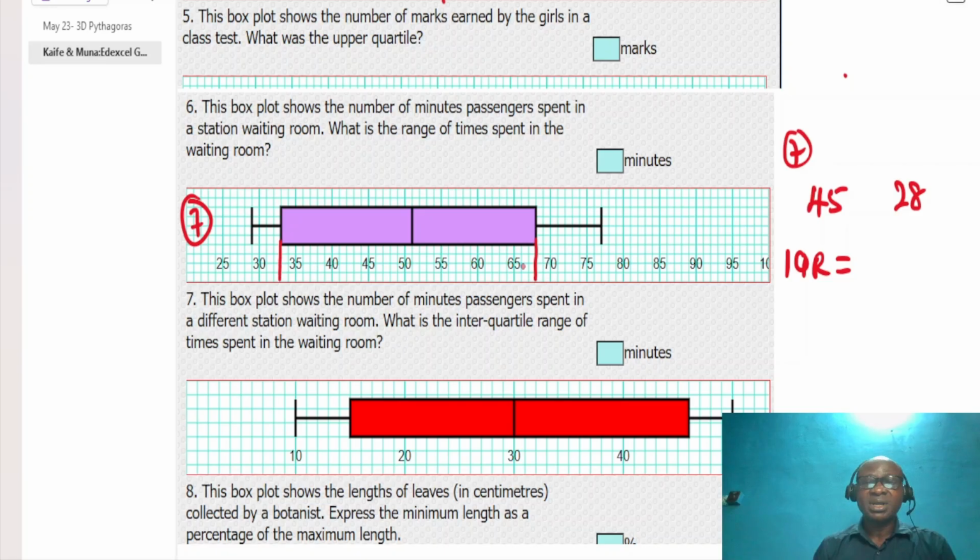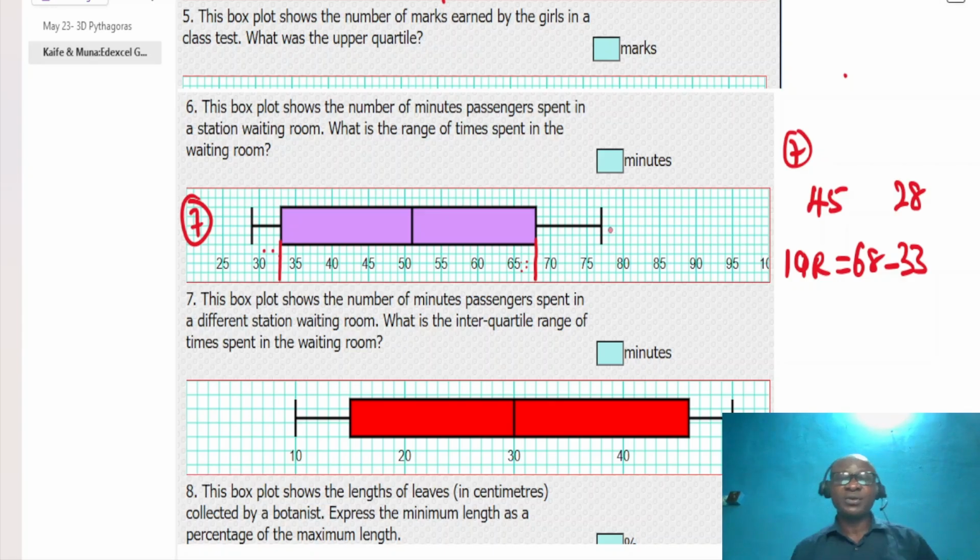The upper class boundary is 68, minus the lower class boundary, 33. So 68 minus 33 will give us 35.